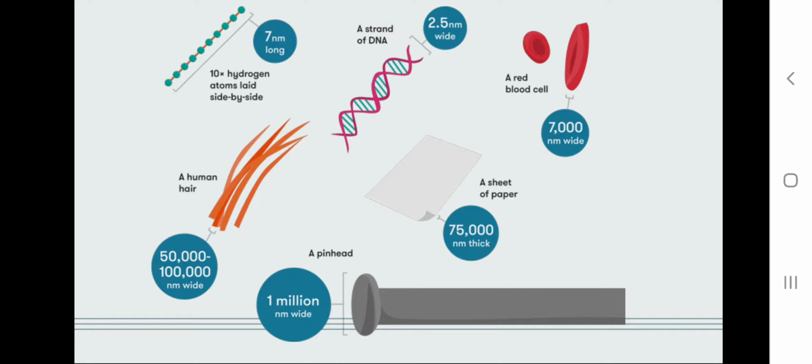Coming to objects observable with our naked eye, a human hair is 50,000 to 1 lakh nanometer wide, whereas a single A4 sheet of paper has a thickness of 75,000 nanometer, and a pinhead is 1 million nanometer wide. So that is the range of nanometer.